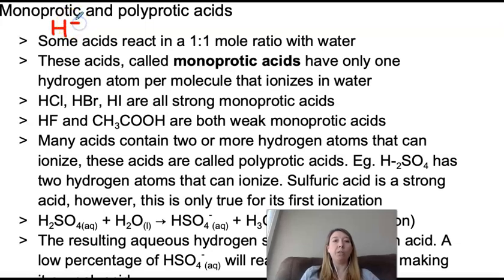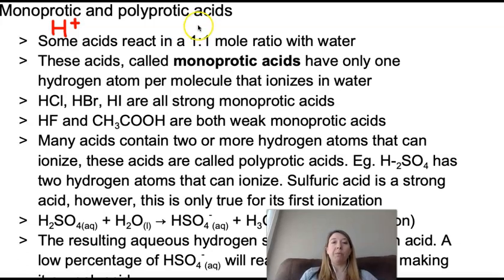Well, when we produce a hydrogen ion, that's technically a proton, right? It's lost its electron. It's only a proton. So when we're talking about a monoprotic acid, that means it's an acid that more or less has one hydrogen and is going to produce one hydronium in solution. When we're talking about a polyprotic acid, that means it's going to make more than one hydronium in solution. And usually that happens because it has more than one hydrogen that it's capable of losing.